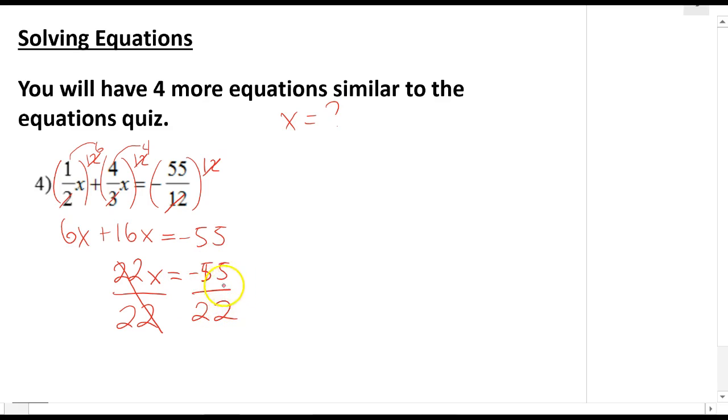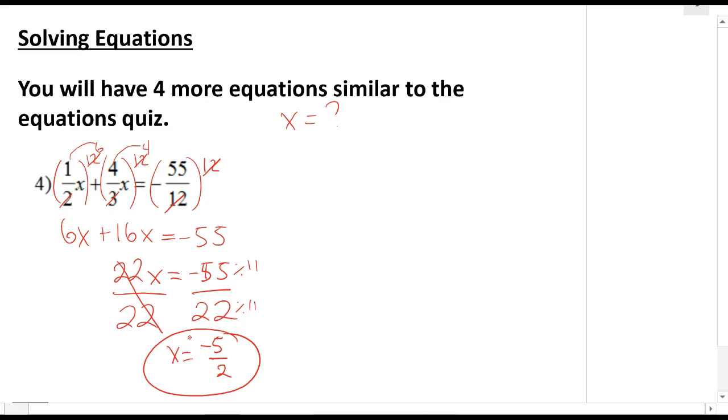What number can I divide into both numbers? Well, I can right away see that they both can be divided by 11. So x will be equal to negative 55 divided by 11, which is 5, and 22 divided by 11 is 2. So x equals negative 5 over 2. And there's my final result.